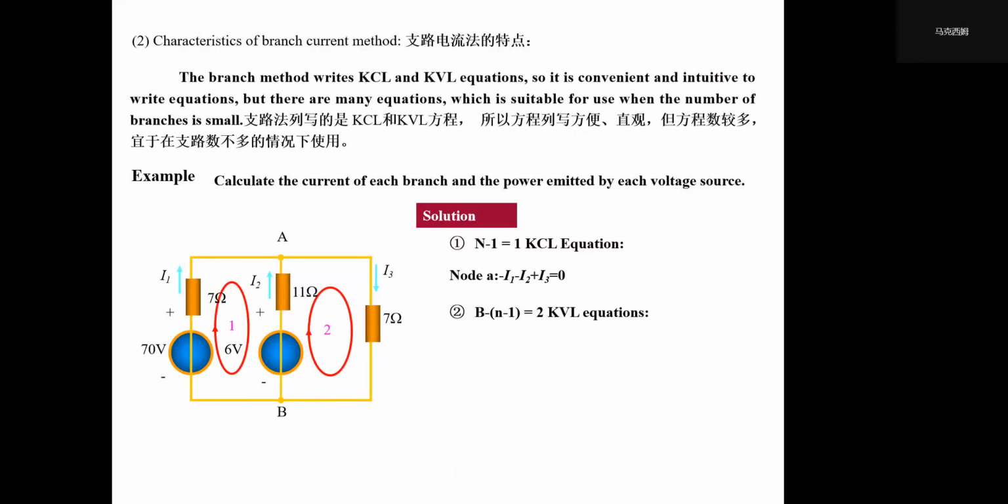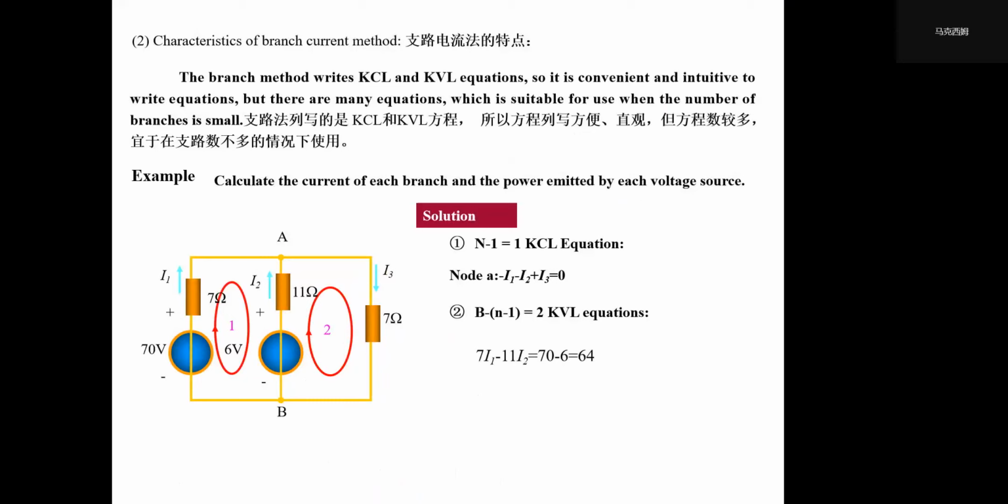You know that for the first branch, we have this 70 volt voltage source and this 6 volt voltage source. And we can write it like this, right?